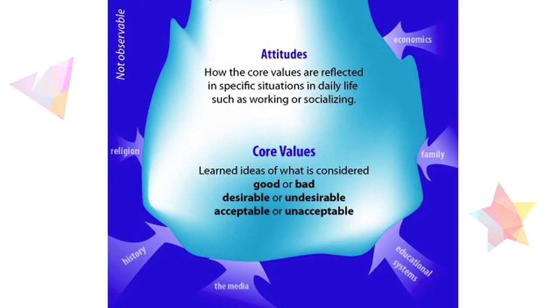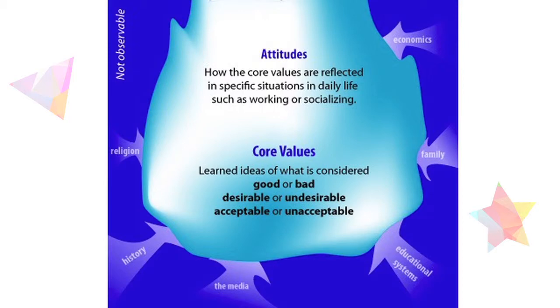So if we look at the Iceberg model, underneath the behaviors and practices, right at the foundation, you've got core values. The ideas that we've learned from various different contexts about what's considered good or bad, what's considered to be right or wrong, what's desirable or undesirable, where are the boundaries of what's acceptable and unacceptable.